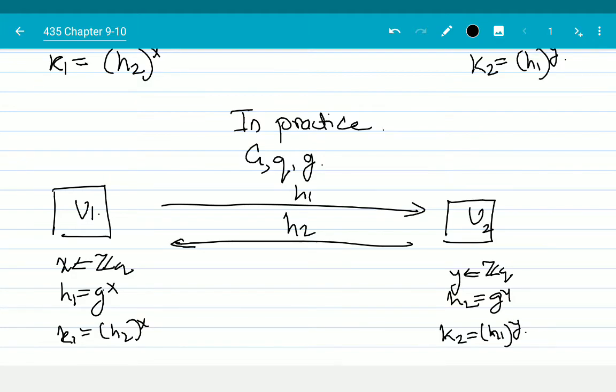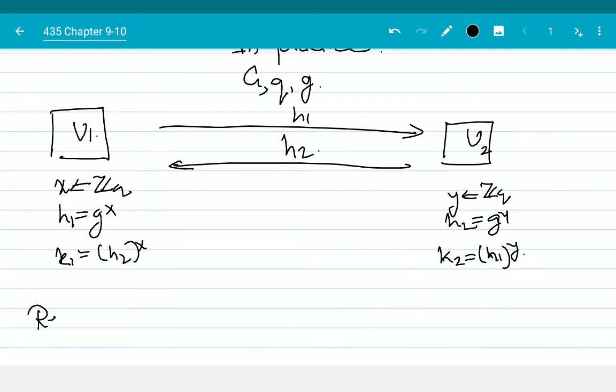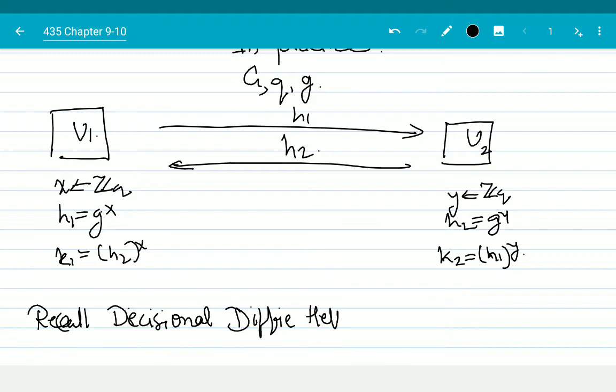And what makes it hard is that even though you're sending h1 and h2, even with g known to everyone, finding x and y is hard. Okay, so recall the decisional Diffie-Hellman problem.